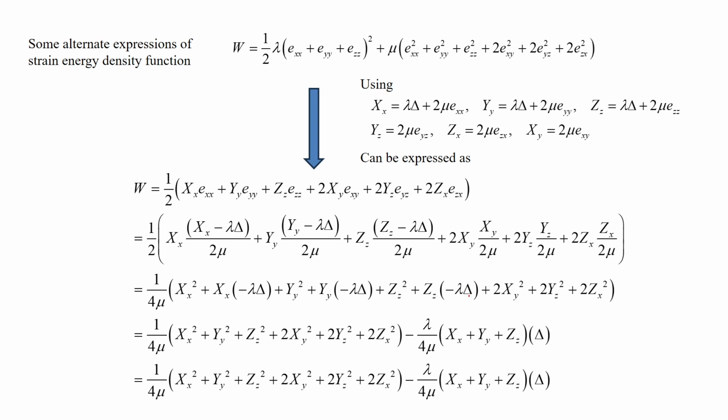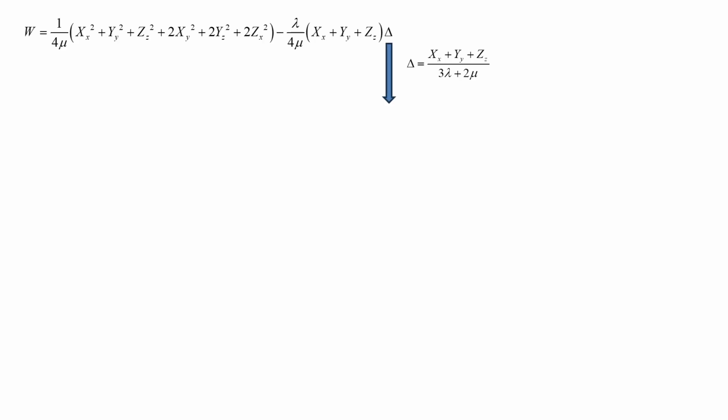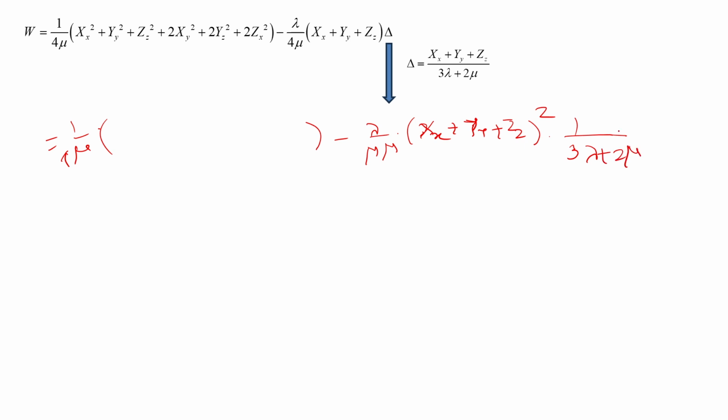After taking all these terms together, we can get something like this. The Δ can now be replaced by the quantity (σxx plus σyy plus σzz) over (3λ plus 2μ). If we do that, then it will have 1 by 4μ into this, minus λ by 4μ into (σxx plus σyy plus σzz) whole square into 1 by (3λ plus 2μ), like this.